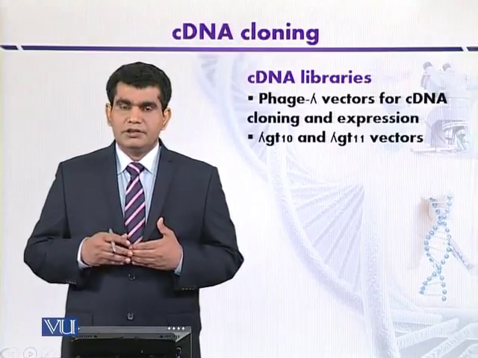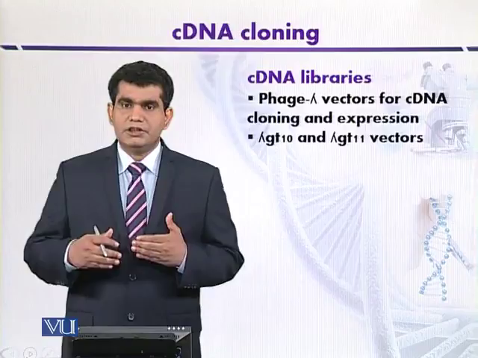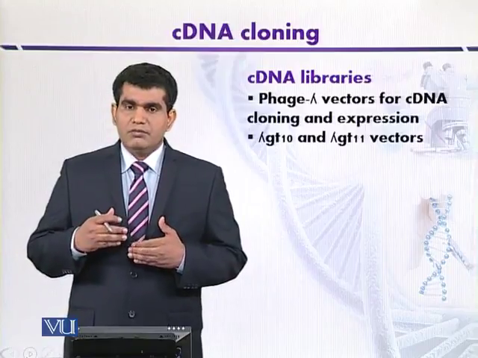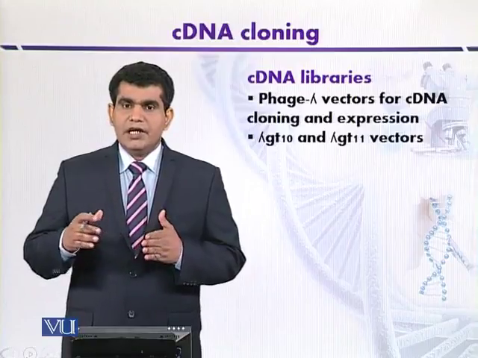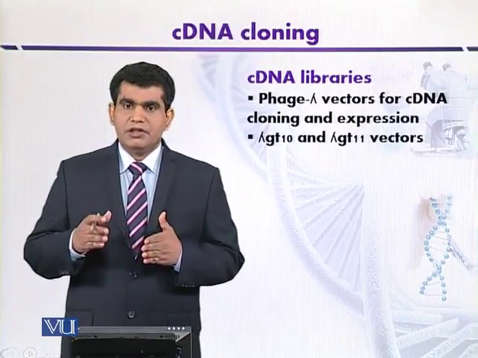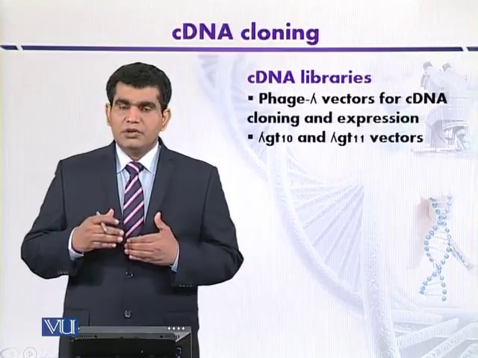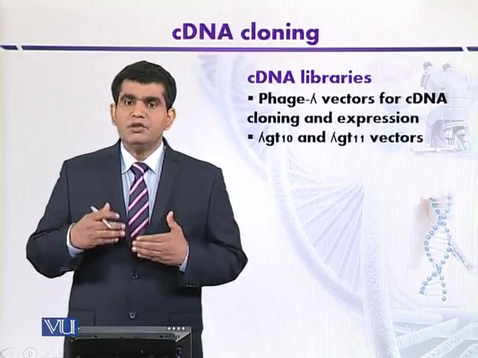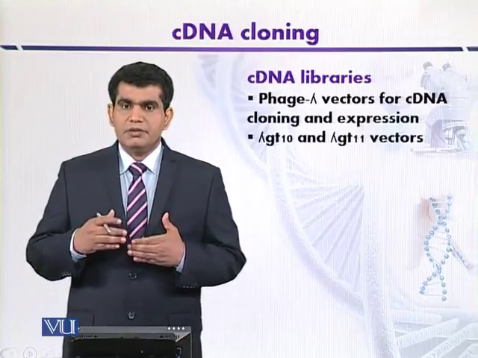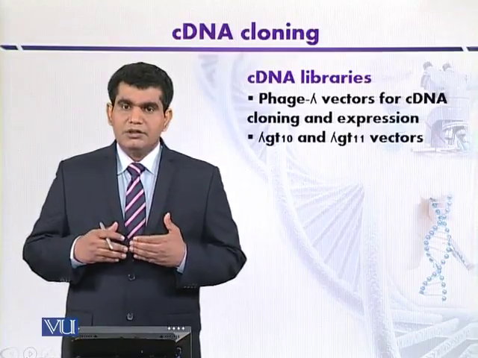On the other hand, for lambda GT11, we can insert our cDNA in the appropriate orientation within the lacZ gene, so that it can be cloned as a fusion protein. This fusion protein can then be detected using an immunological technique.